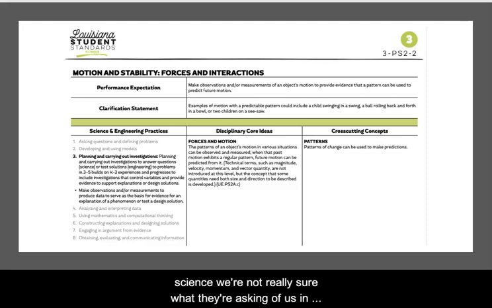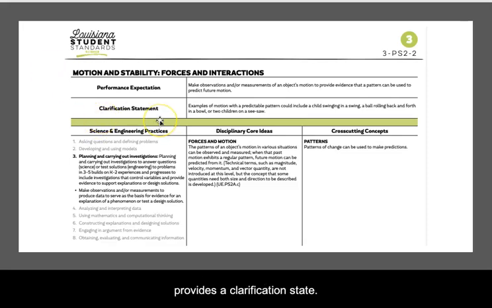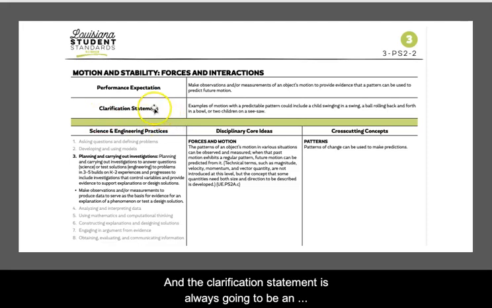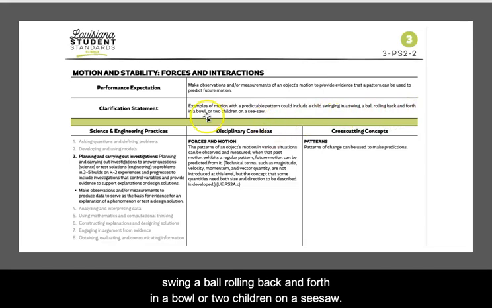And sometimes there's going to be areas of science where we're not really sure what they're asking of us in the performance expectation. That's why the state provides a clarification statement. And the clarification statement is always going to be an example. So here you see examples of motion with a predictable pattern could include a child swinging in a swing, a ball rolling back and forth in a bowl, or 2 children on a seesaw.